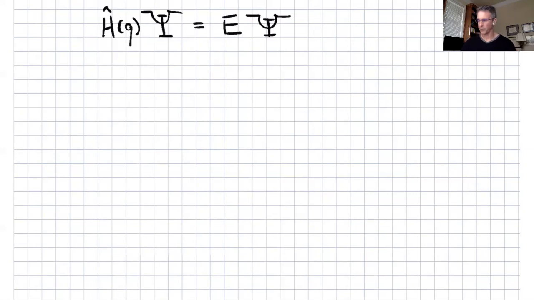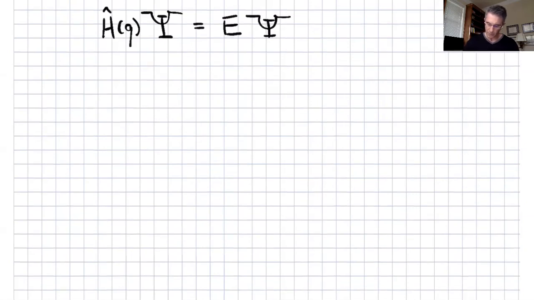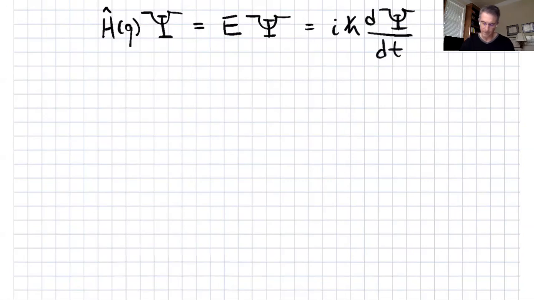We're not going to have to worry about partial differentiating them. In this case, we can just shift back to normal differential notation, so that what also has to be true is that this would have to be equal to i h bar times the derivative of the wave function with respect to time, right?